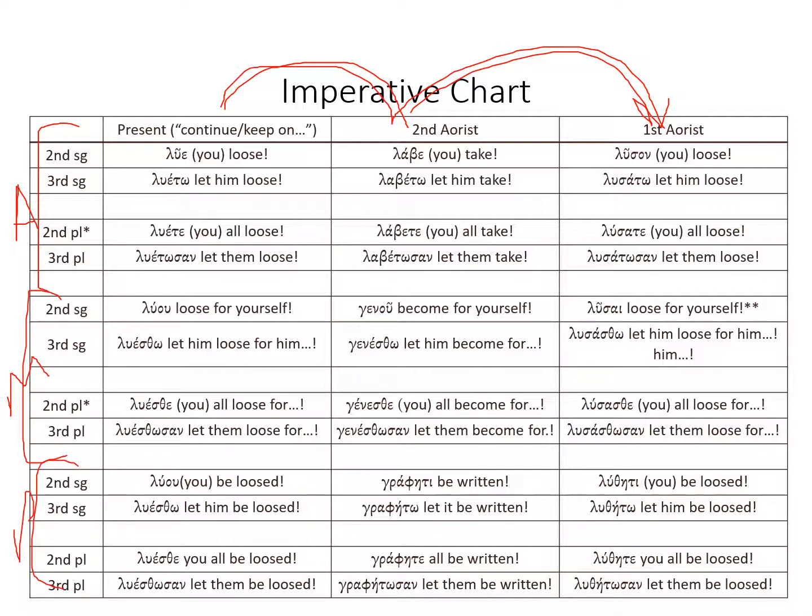So let me identify them again. There's a similarity. We also have, when we get to the first aorist, the ending is son. So just working left to right, son.